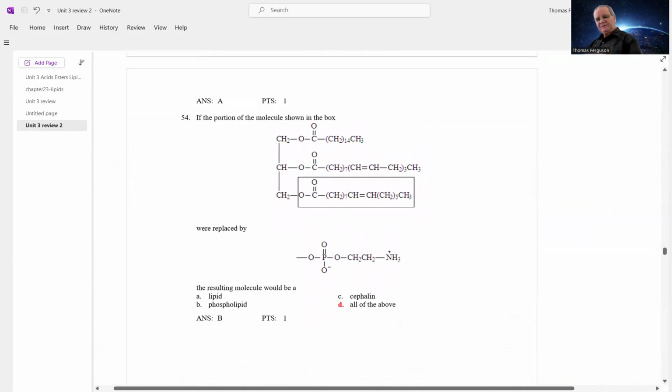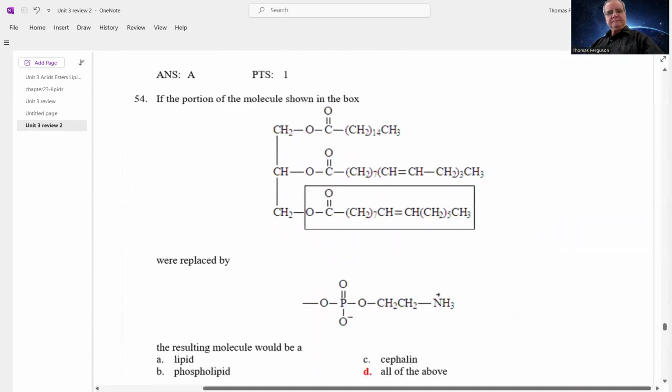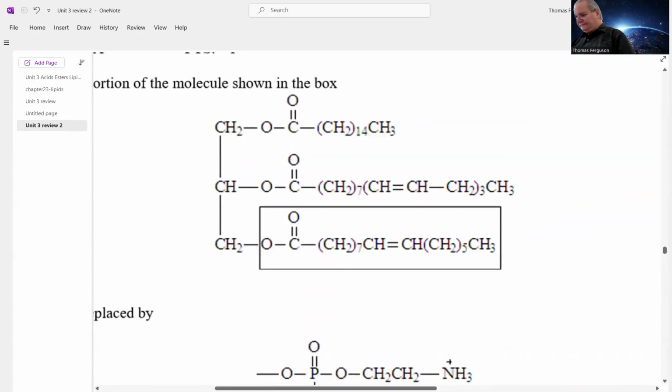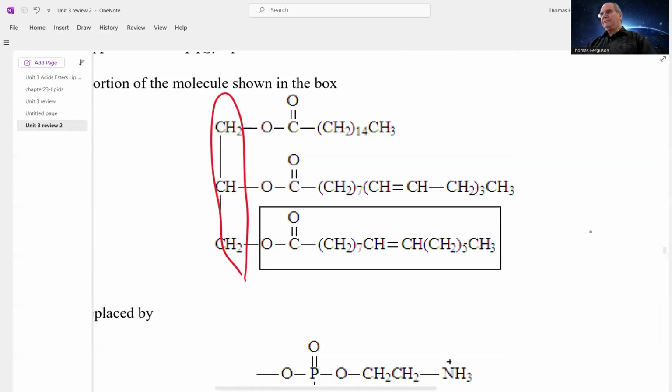Now I'm going to go through some of these multiple choice questions. Okay, so we have a triglyceride here. How do you know it's a triglyceride? 3 carbon backbone, ester. So these are the alcohols.